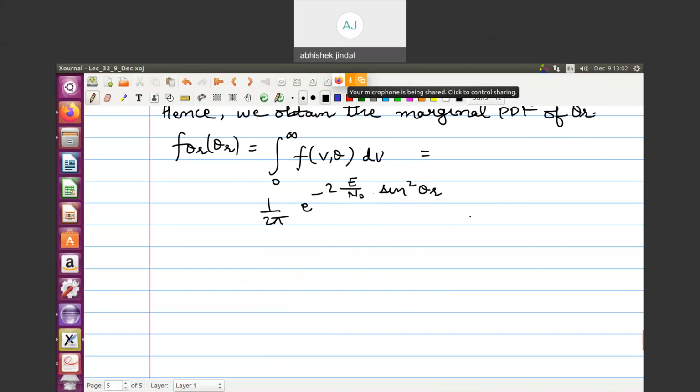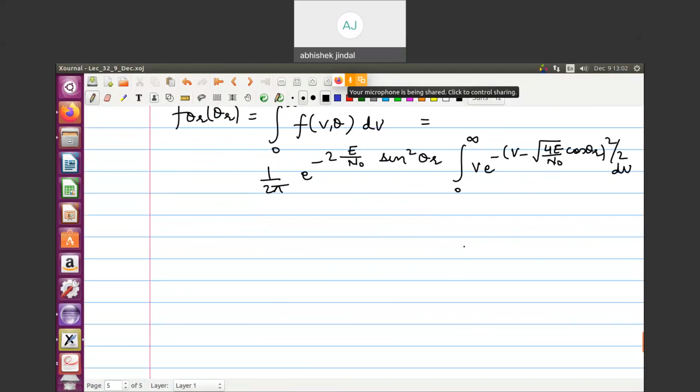Then E by N naught, integration 0 to infinity v into e raised to power minus v minus root of 4E by N naught cos of theta r, whole square by 2, dv. In our postgraduate courses, generally we do this derivation. This is very simple, but we do it there. I am not doing it here because it doesn't matter to us what the result is, because we will see that for our interest, we can obtain the expression without solving this. Let us see.